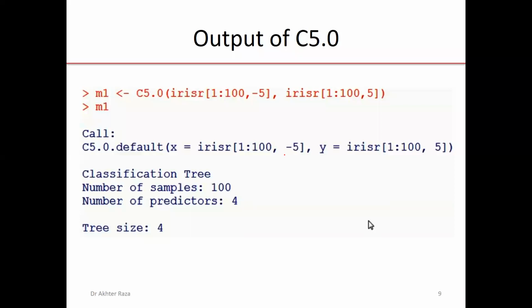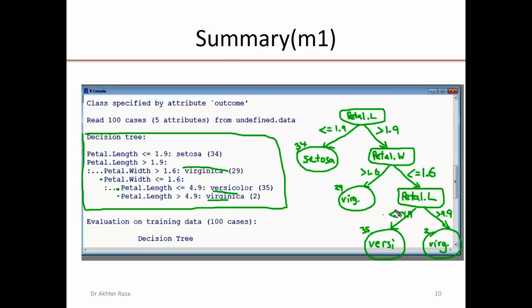Now classification tree: the number of samples 100, number of predictors 4, class variable 1, tree size 4. Tree size 4 means the depth is 4. Now you can see the output. Petal length is bifurcated. If the petal length is less than 1.9, then it is setosa. So we have a child node that is not further subdivided, right?